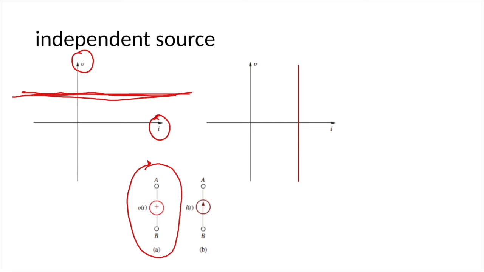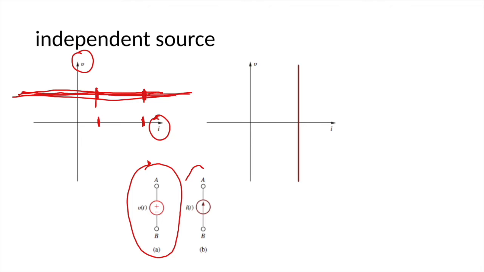That's why we call it an independent voltage source. It keeps the voltage at a constant value no matter how large or small the current is.